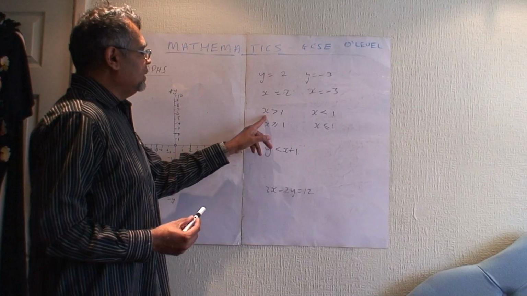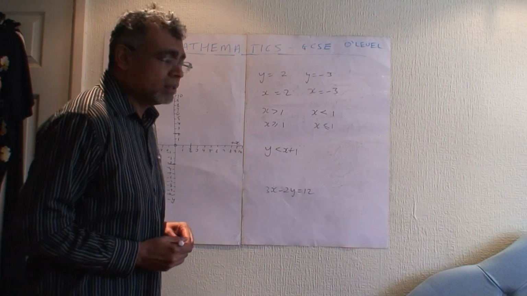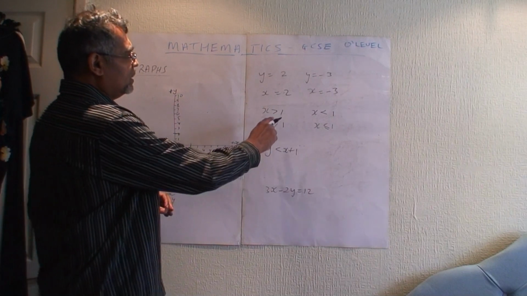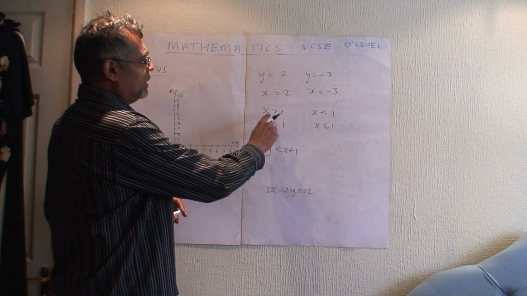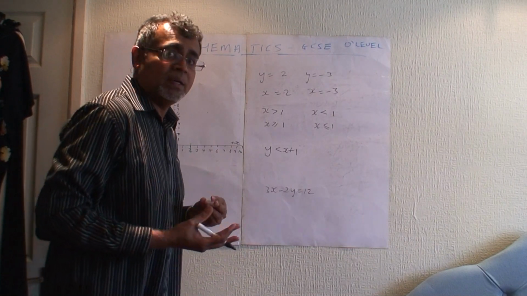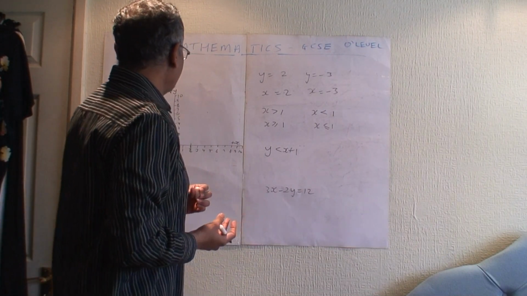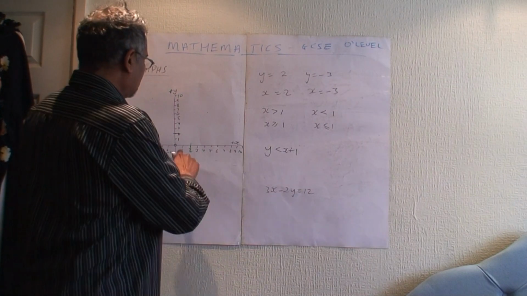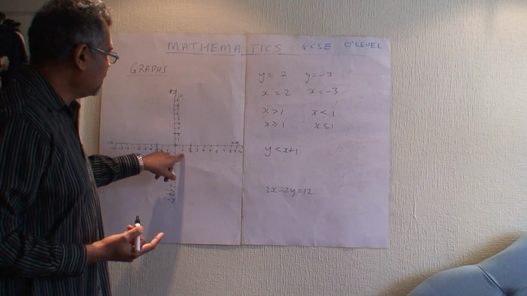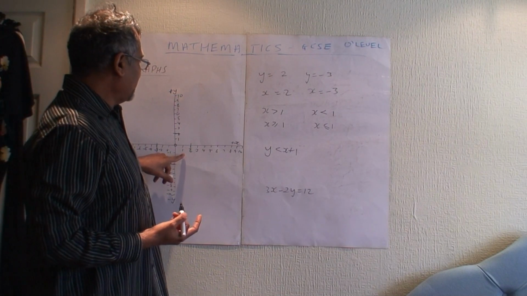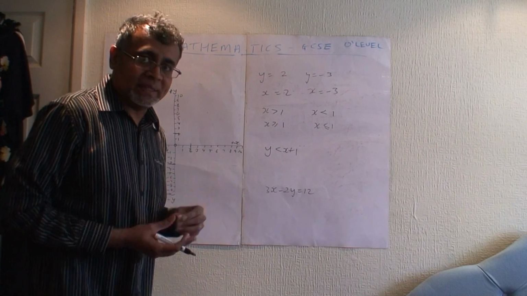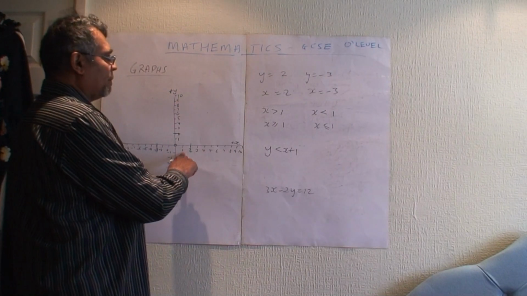So this one says x is greater than 1. Now we can treat it as x is equal to 1, to make it a little bit simpler. But we know it's greater. Let's find where x is 1 on the x-axis, which is right here.